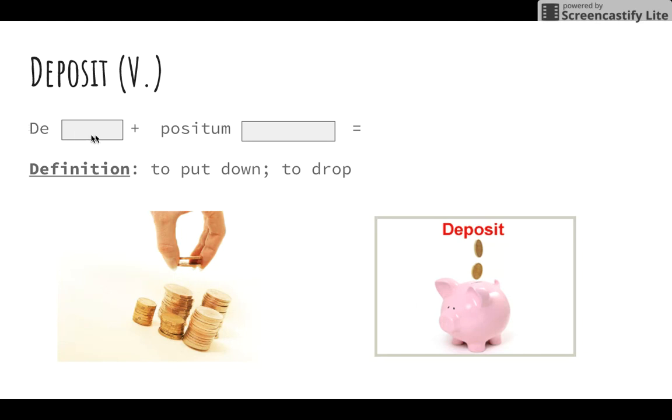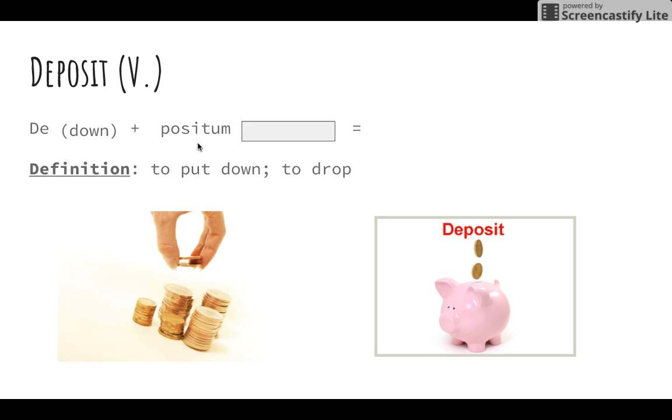And up here on the top, I have word analysis. Basically, if we break the word apart, you can understand the meaning a little bit better, especially if you know what positum means. Deposit has the prefix de, which in this case means down. De can have a few different meanings, but here it means down.